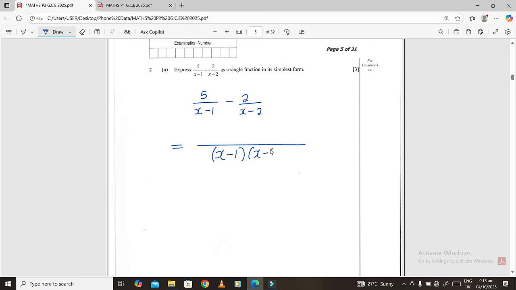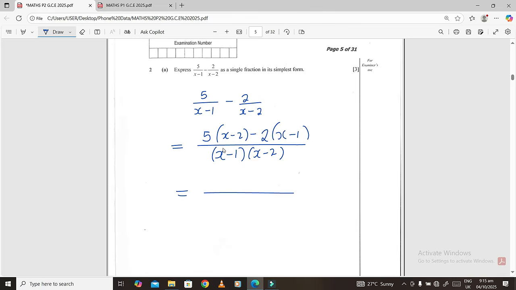Okay? In other words, just get the terms that you're able to see down here. You put them inside the brackets. Don't forget the brackets. And then here you say 5 multiplied by the opposite denominator. So 5 multiplied by this, you get the sign which is here, it's a minus. A 2 multiplied by the other term, it will be x minus 1, which is the other term.